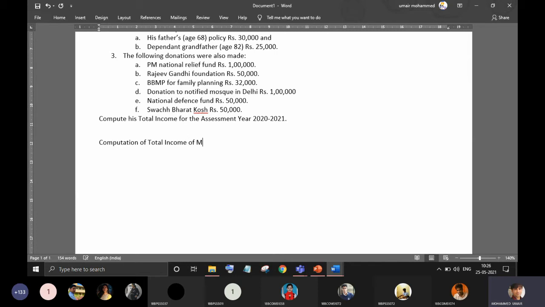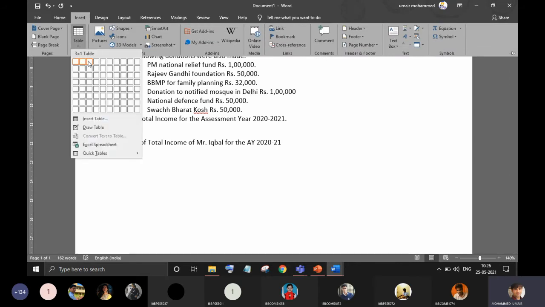Total income of Mr. Iqbal is the name of the assessee for the assessment year 2020-21. So let's follow the usual steps. Let's do a table.